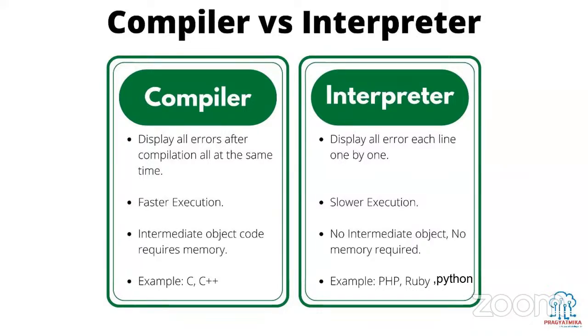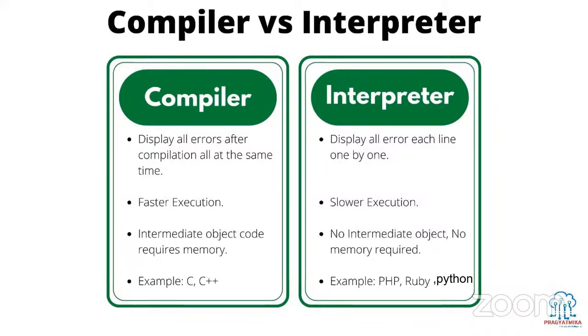Okay. So the compilation process generally occurs before the program is run. Before you run the program, the compilation occurs, and the entire source code is translated at once. That results in an executable file. So why do we want a compiler? Generally we use it to check whether the entire program consists of errors or not.